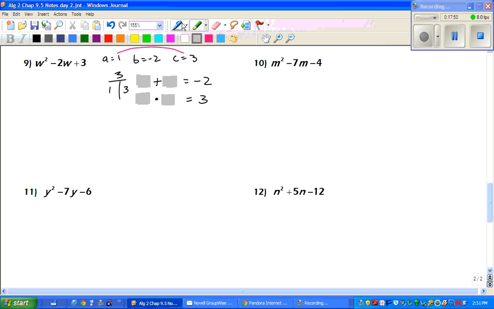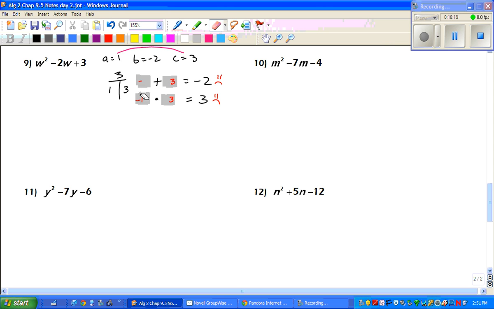What combination? Well, let's try 1 and negative 3. That works here. Well, 1 and negative 3, that doesn't work there. But if we try negative 1, that doesn't work.